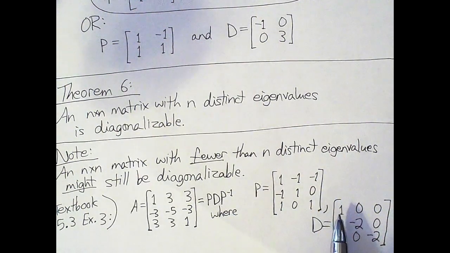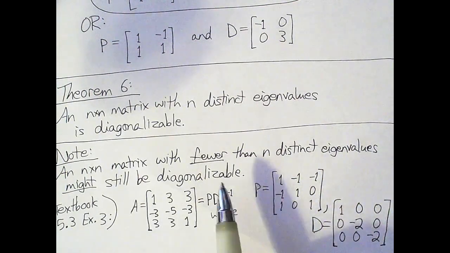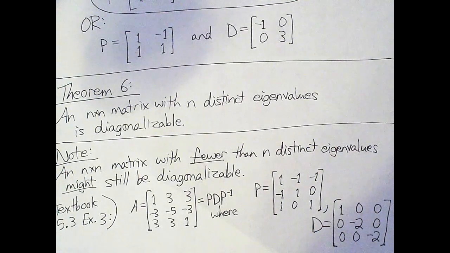And that's because the eigenvalue 1 would have an eigenspace with a dimension of 1. So you find an eigenvector corresponding to lambda equals 1. And then for lambda equals -2, for that eigenvalue, you wind up with an eigenspace of dimension 2. So that basis has 2 elements, and then those 2 basis elements are the second and third column.